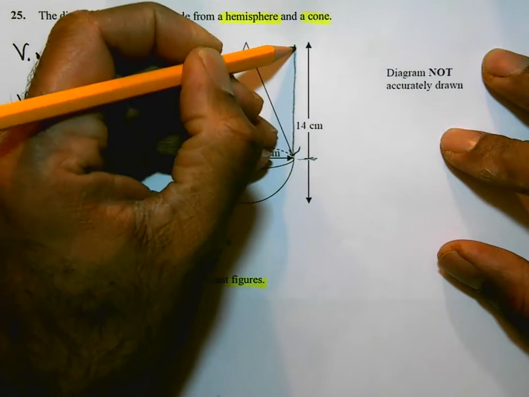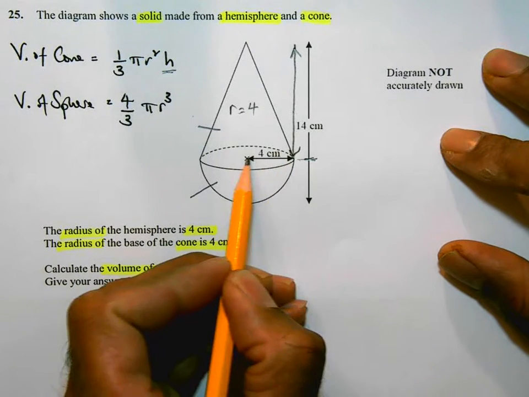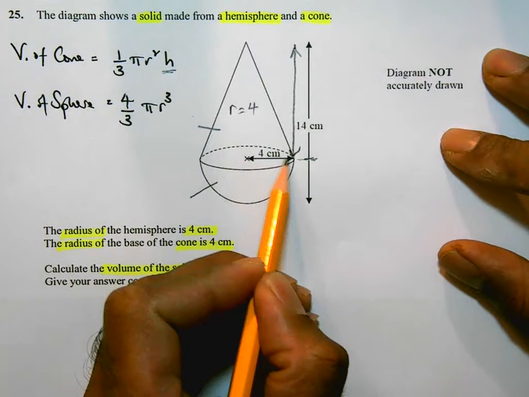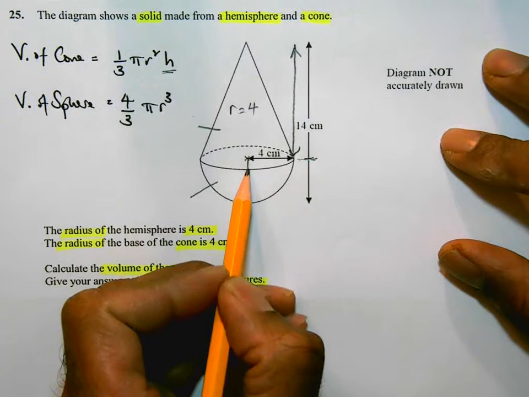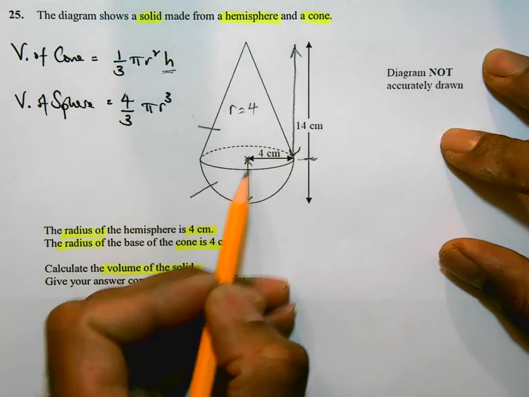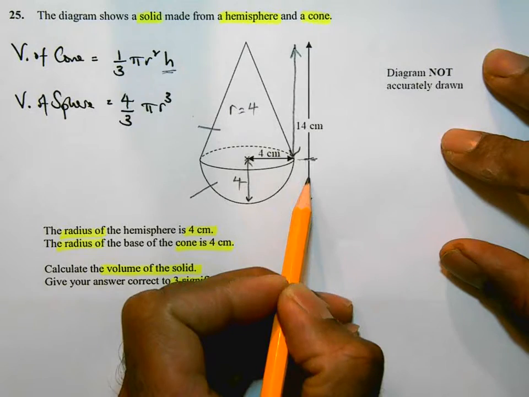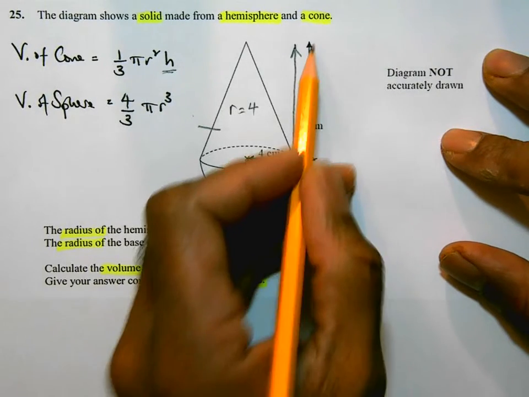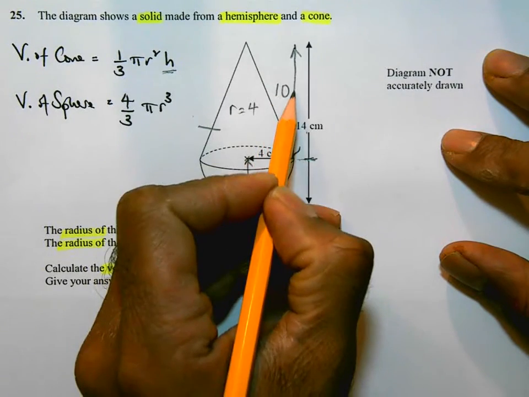However, if I know that this is 4, that's the radius of the sphere, then this distance here is the same as the radius of the sphere, and that's also 4. So if it's 4 up to here, then the rest of the way is going to be 14 take away 4, which is 10 centimeters. So the height of the cone is going to be 10 centimeters.